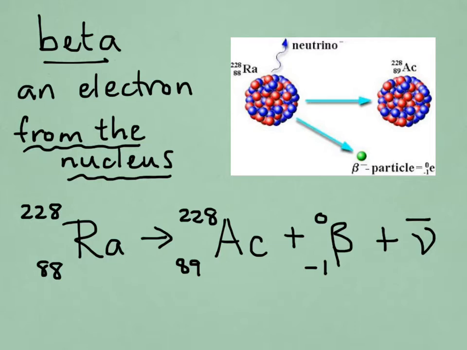There's also a hidden particle thrown out, and this is the symbol for a neutrino. In fact, this one is an antineutrino. Antiparticles are represented with a bar over the top of them. So the Greek symbol is actually a nu. It's written as a sort of curly v, and we'll come back to neutrinos later.